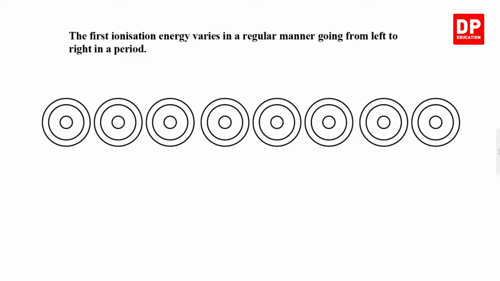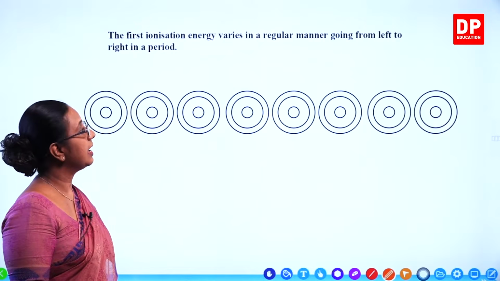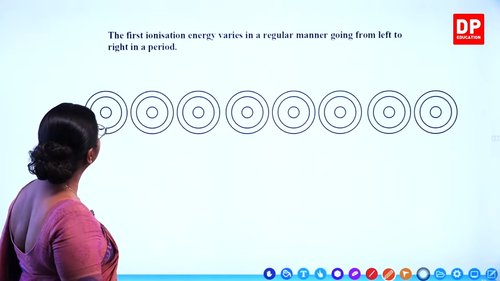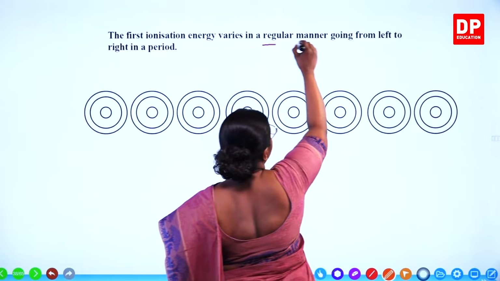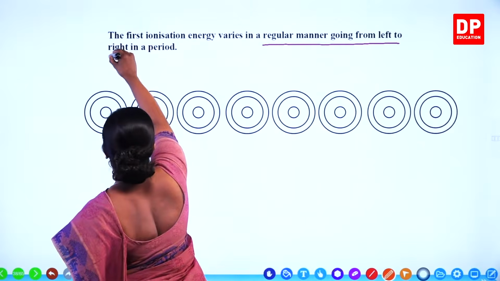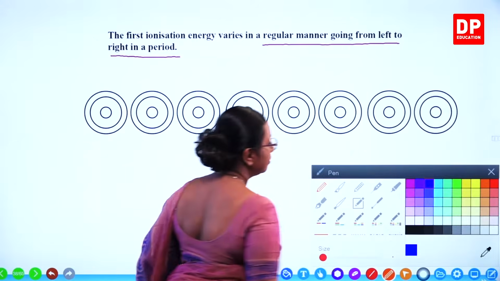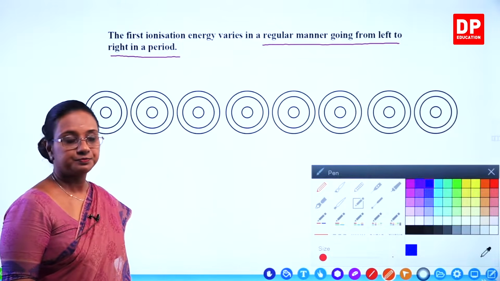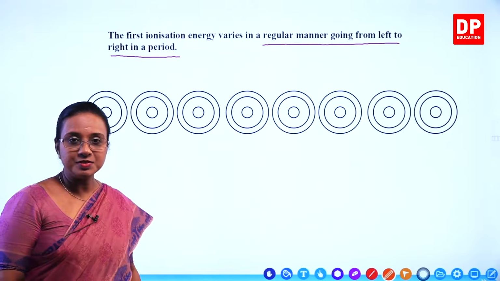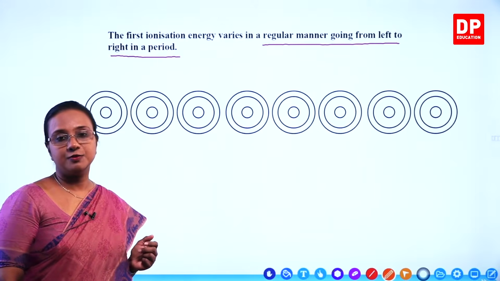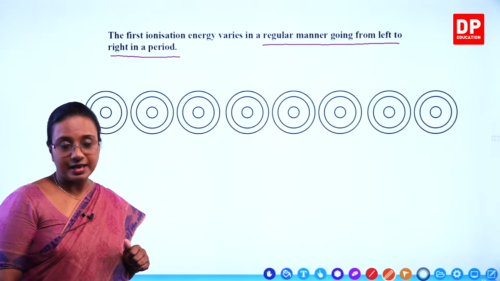The first ionization energy varies in a regular manner going from left to right in a period. We will see the reason for that. If we consider, now there are 8 atoms, so we will obviously go for the second or the third period of elements.